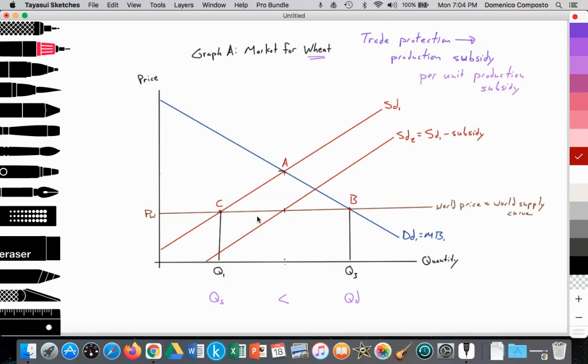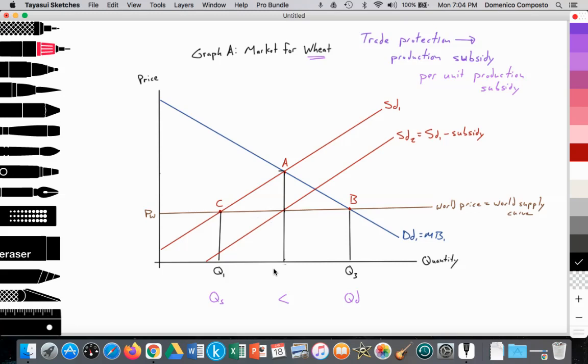So that would lead to increased output, and the quantity supplied will increase. Let's say, in this case, which is a little bit of an exaggerated example, from point C to point A. And at point A, that will set the new quantity being supplied into this domestic economy.